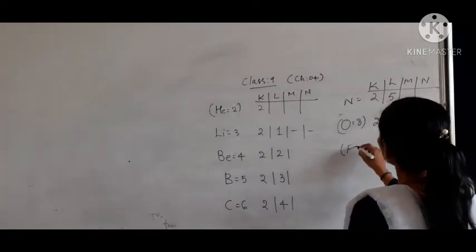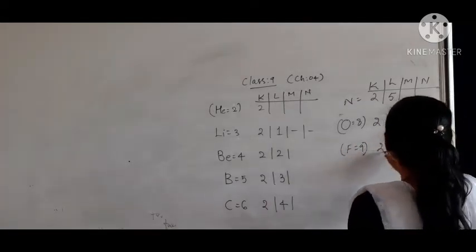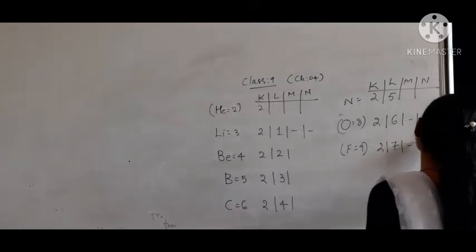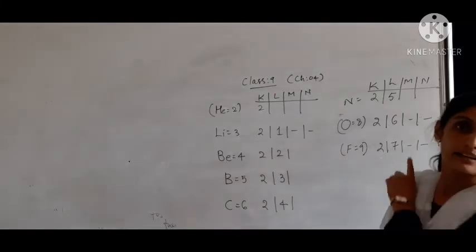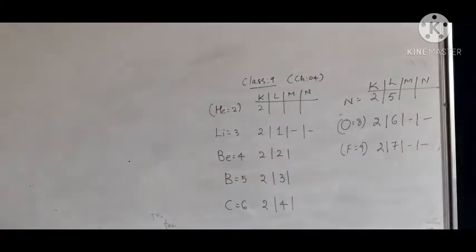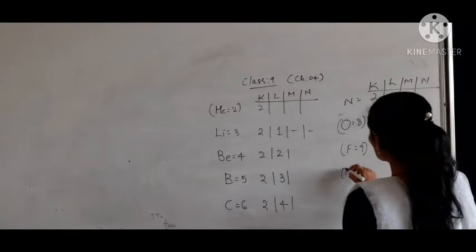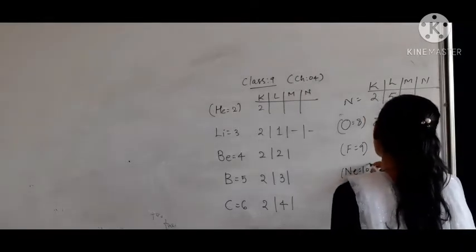After oxygen we have fluorine with 9 electrons, so we have 2 and 7. So 2 electrons in K shell and L shell containing 7 electrons. And lastly, neon is the inert gas or noble gas.